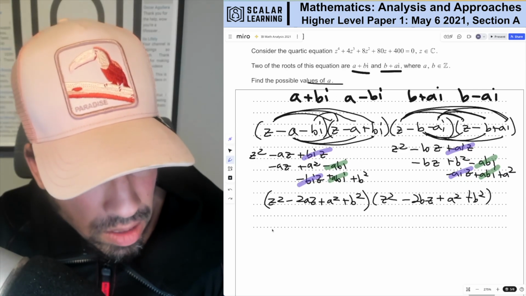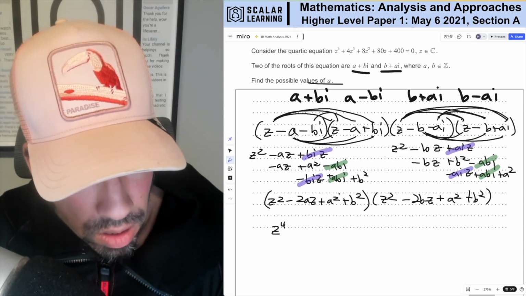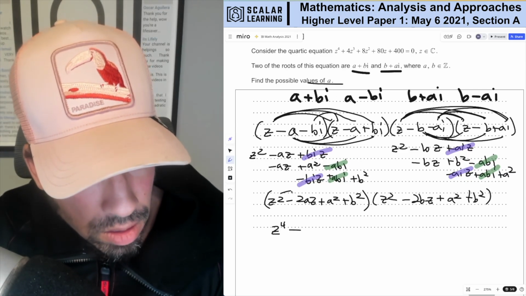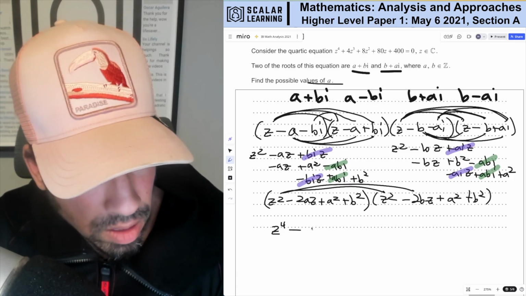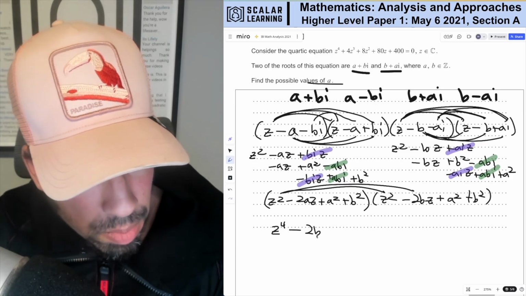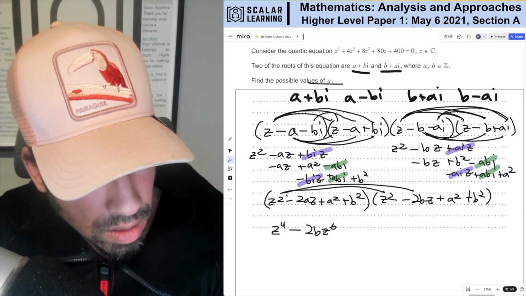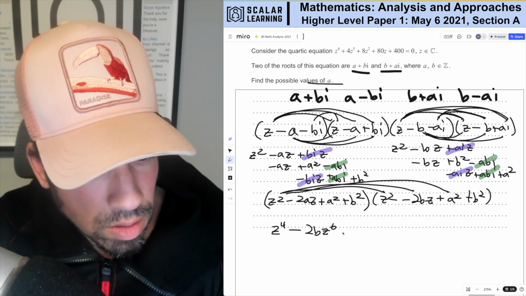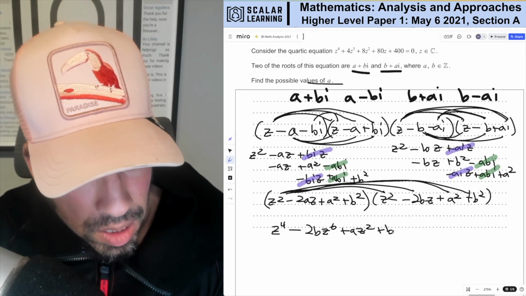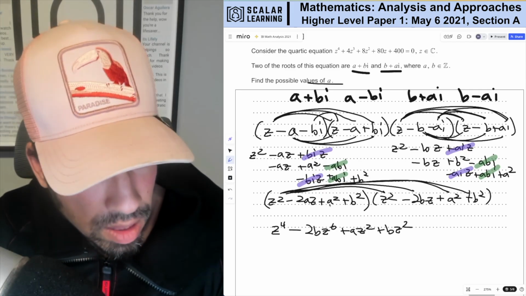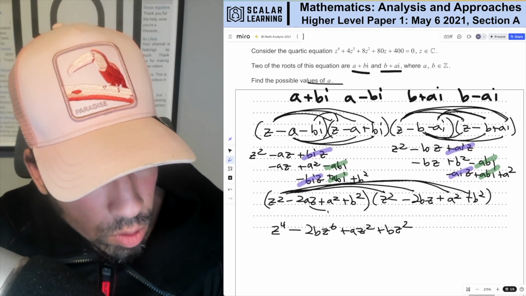As we multiply this out, we get z to the 4th. Then we've got minus, this is going to take a crazy amount of time, minus 2bz to the 3rd. And then we've got plus az squared. And then coming all the way here, we've got plus bz squared. Okay, then we're going to continue multiplying.